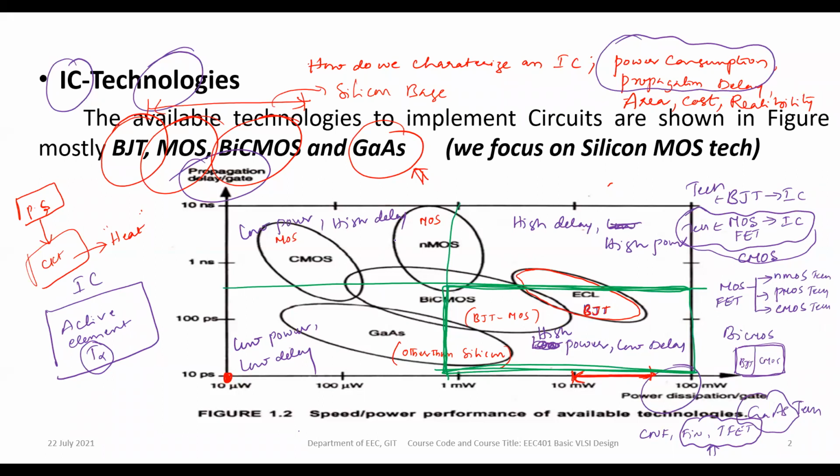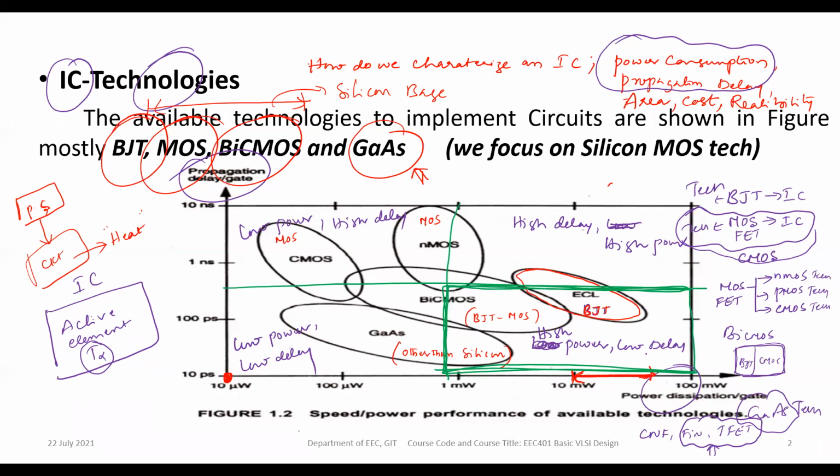So when we consider this particular diagram, we can divide the entire diagram into 4 quadrants. The first quadrant is low power and low delay. Above that one, we can see low power and high delay. Adjacent to that one, high delay and high power, and the last one at the bottom right corner, high power and low delay.